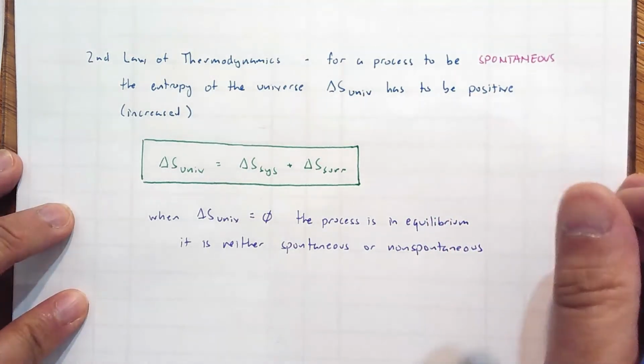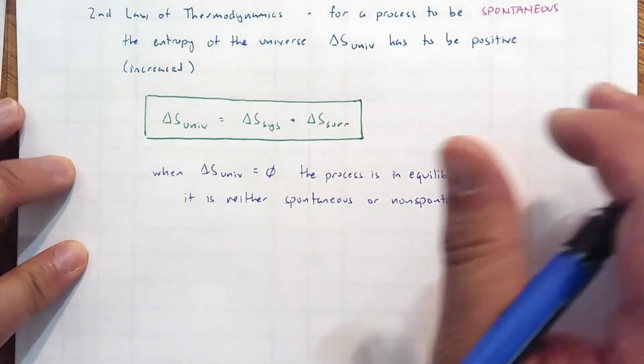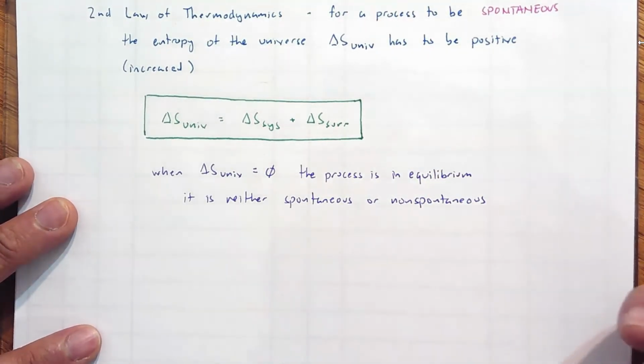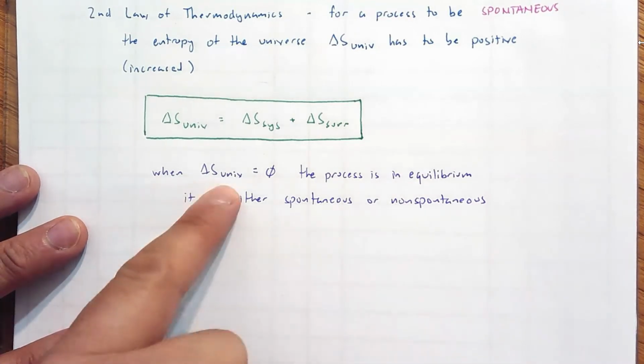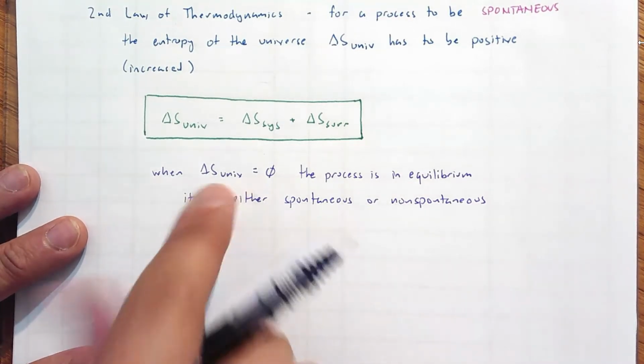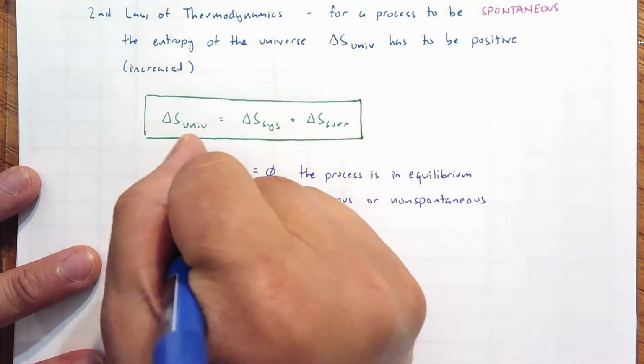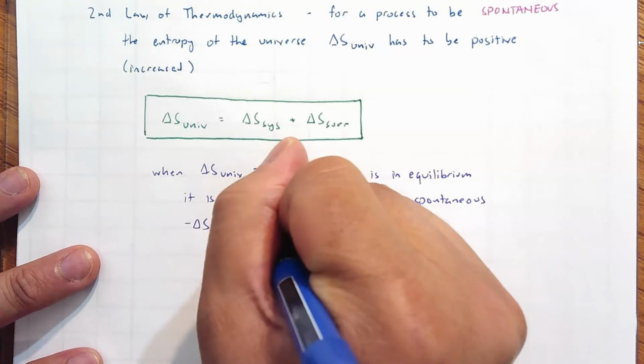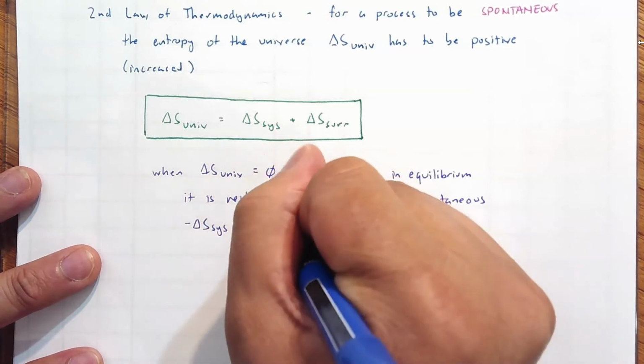In most cases that you'll see, the delta S of the universe will actually be a number. It is not equal to zero. But when it is equal to zero, what else does this imply? It implies that the negative delta S of the system equals the delta S of the surroundings.